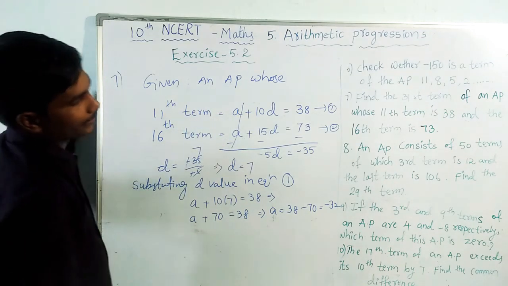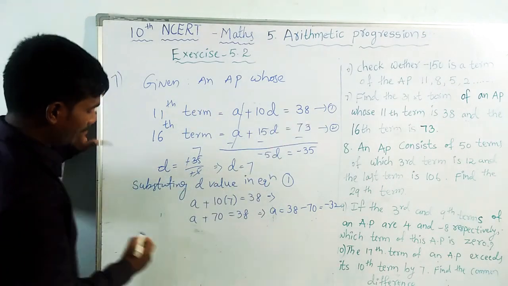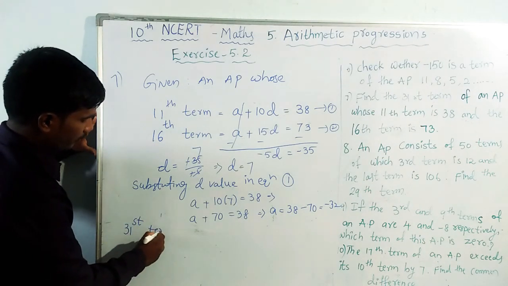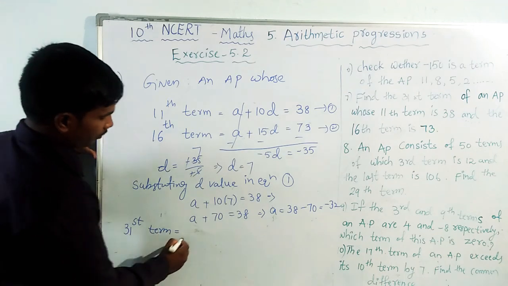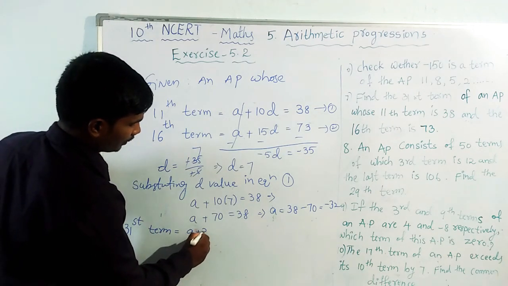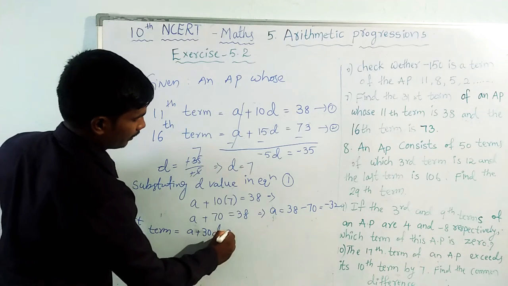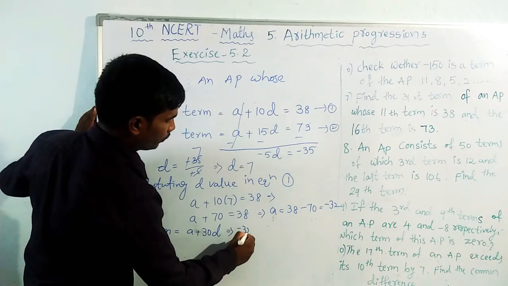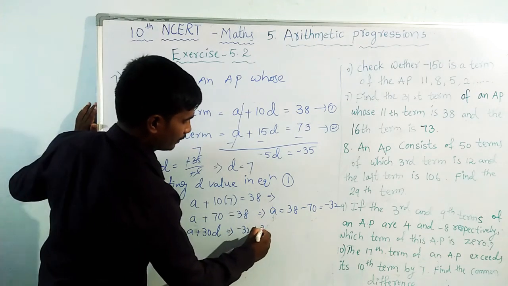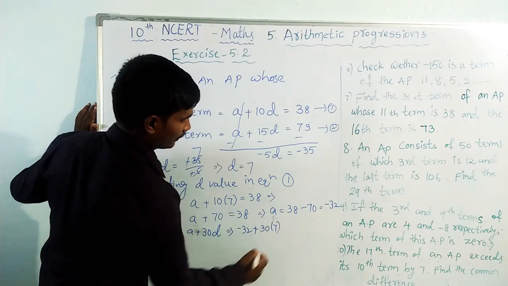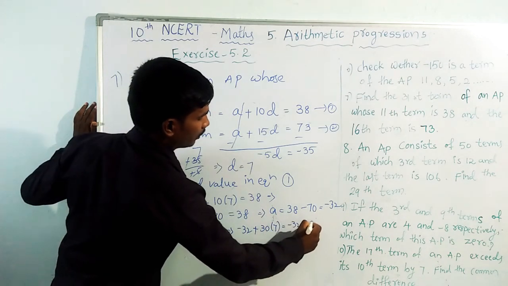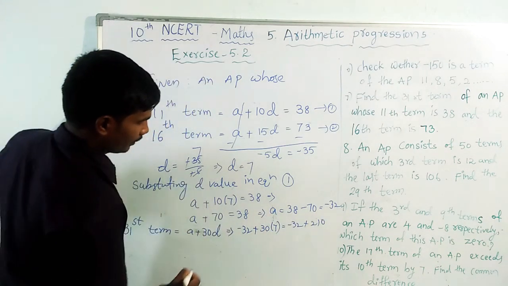Now what do we want? Which term? The 31st term. The 31st term means a plus 30d. The a value is minus 32 and the d value is 7. So minus 32 plus 30 into 7, which is 210.